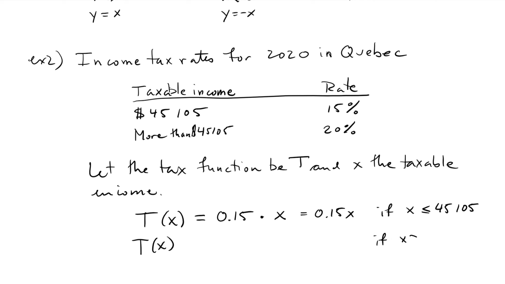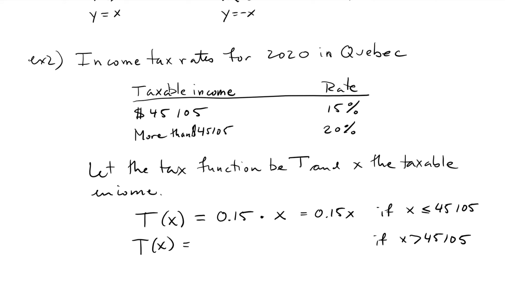However, it's different if you earn more than that. So you see here I have two cases, and they're going to have two rules. If you earn more than $45,000, the answer is not going to be this. That's not how it works. The way it works is that the government will tax you 15% on the first $45,105.